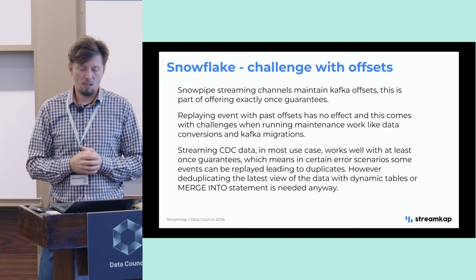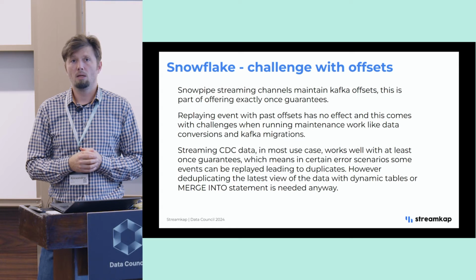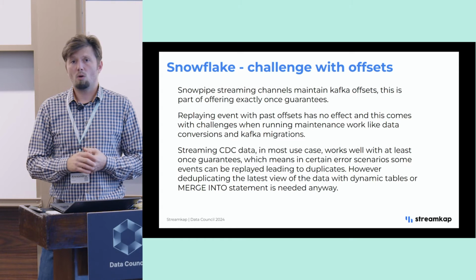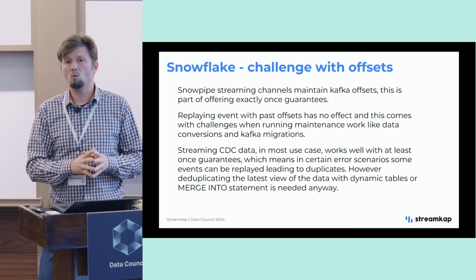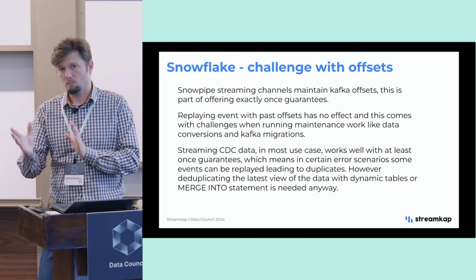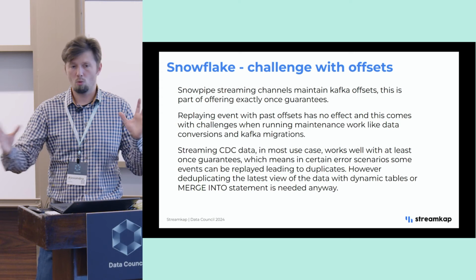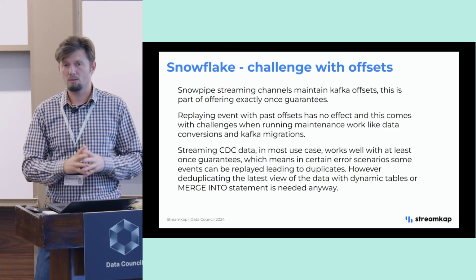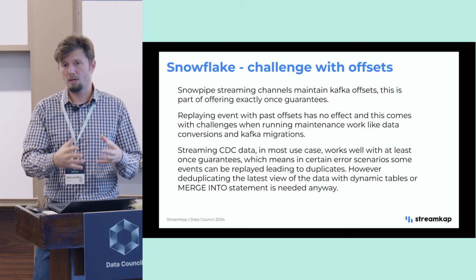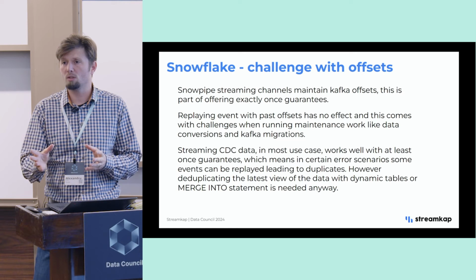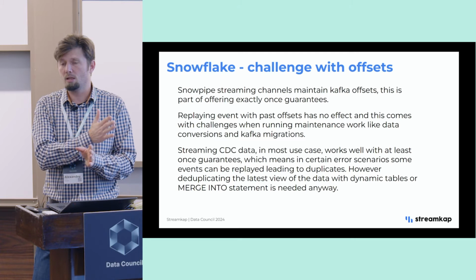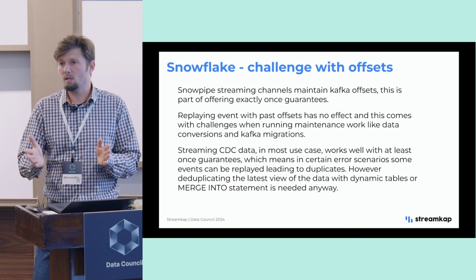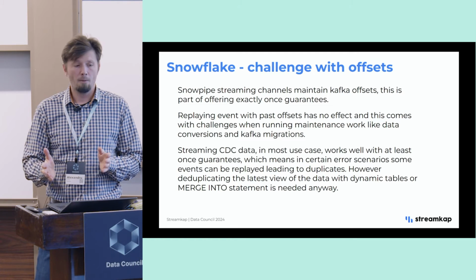So what this means is that, for example, let's say there is some decimal precision thing that you want to tweak. You want to move the decimal point, or you want to add more precision, or it's an example, and you want to replace some events, nothing will happen on the Snowflake, because if you send the events with the same offsets that you previously sent, they will be considered duplicates and they will not be stored in Snowflake.